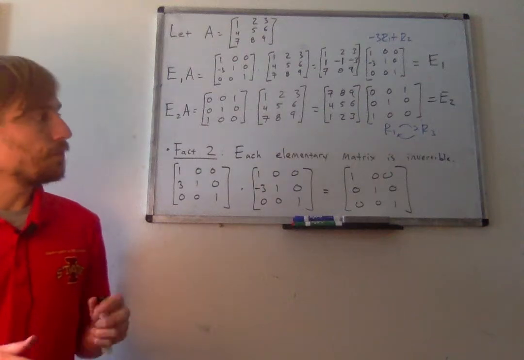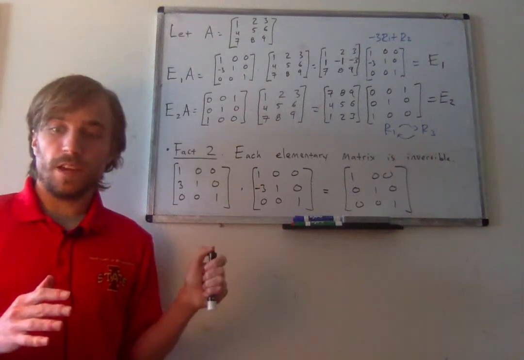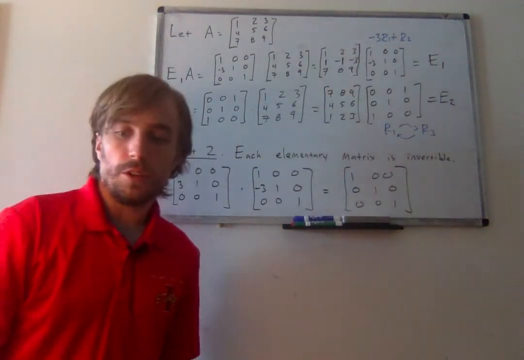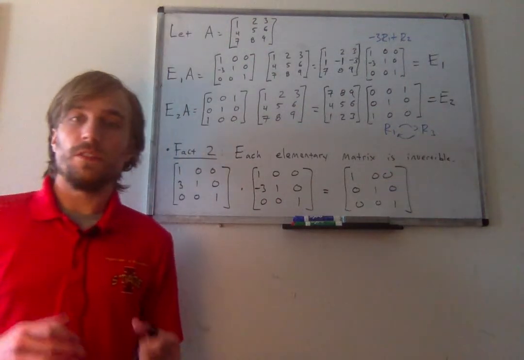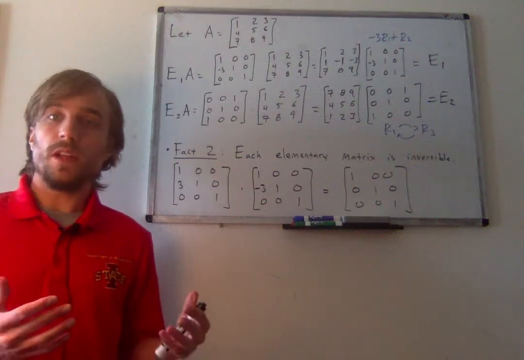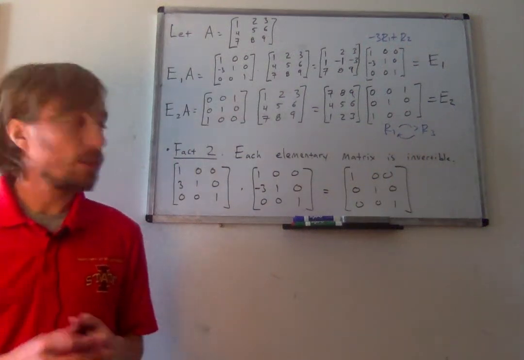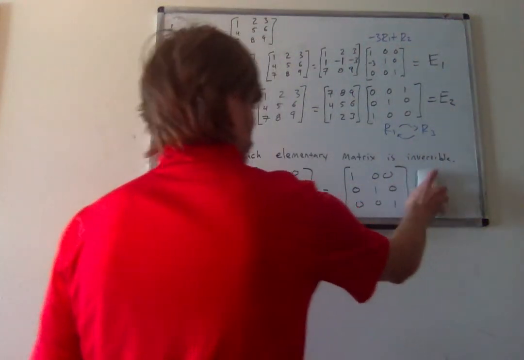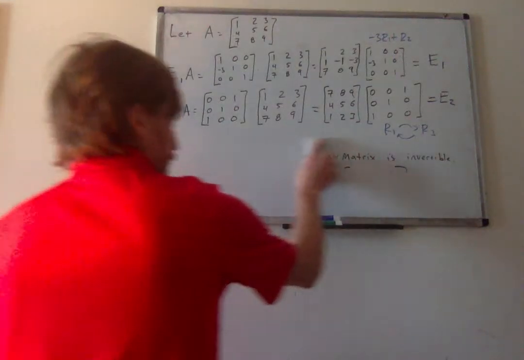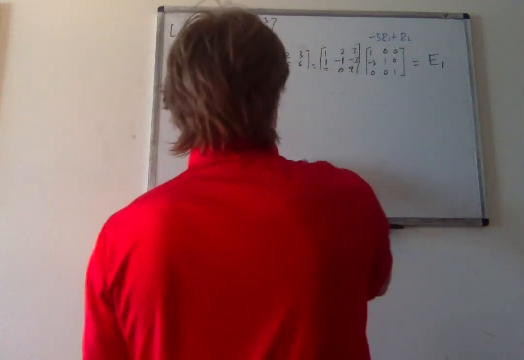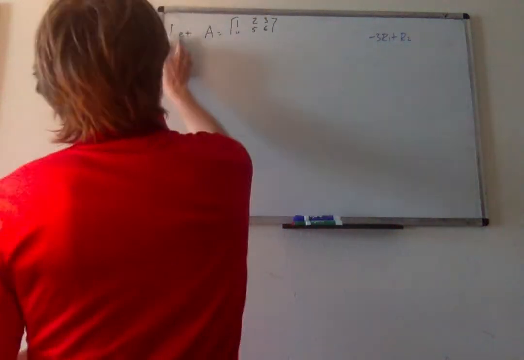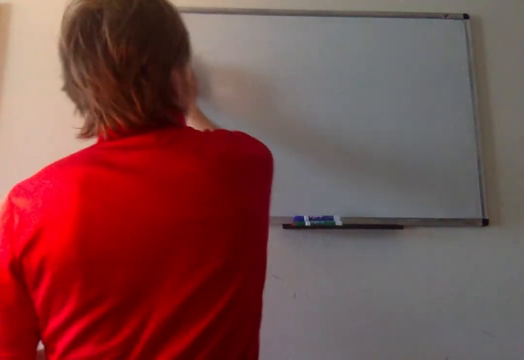All right, so using fact 1 and fact 2, we can now state our theorem, which will give us an outline as to how to calculate the inverse of a matrix. We're going to end this lecture by stating this theorem and proving it.